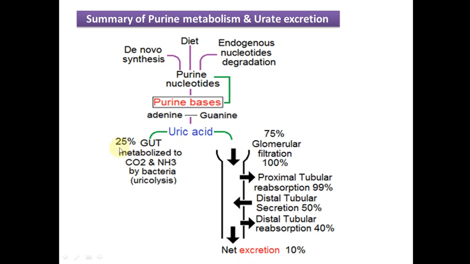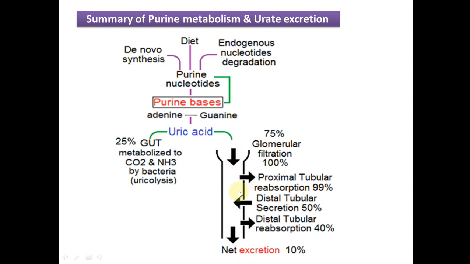About 25% of the uric acid in the gastrointestinal tract is metabolized to carbon dioxide and ammonia by the bacteria by a process known as uricolysis. 75% of the uric acid is excreted in urine. But all of the uric acid excreted in urine is reabsorbed in the proximal convoluted tubules.